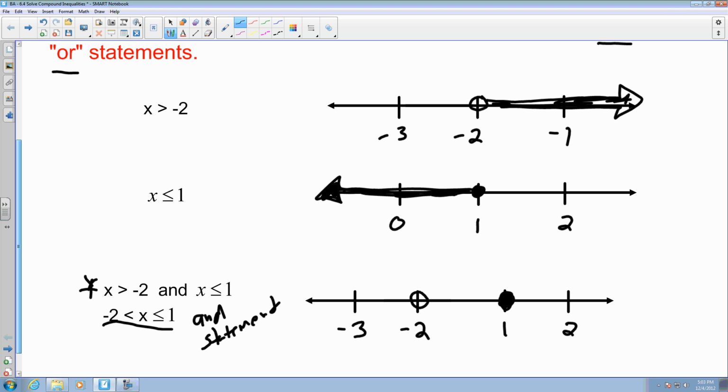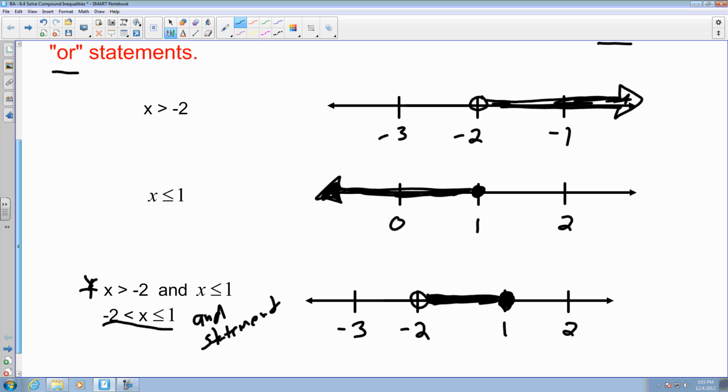And you're looking for a value for x that is both larger than -2, but smaller or equal to 1. And so the shading for this looks like this. It's shaded in between the inequality.